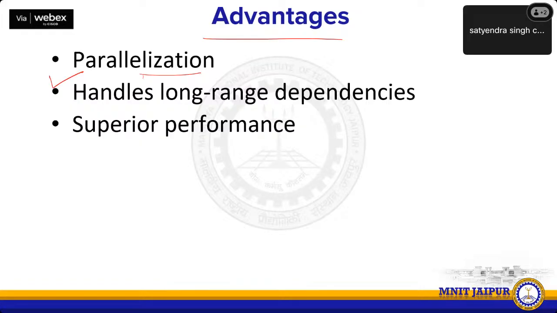And it can handle long range dependency because of the self attention mechanism, which captures the relationship across the entire sequence. And obviously it is scalable, which can handle very long sequences with sufficient resources. And obviously it has good performance compared to most previous NLP models.